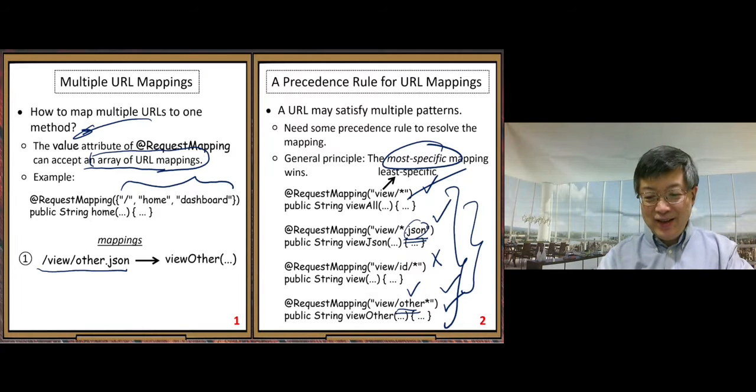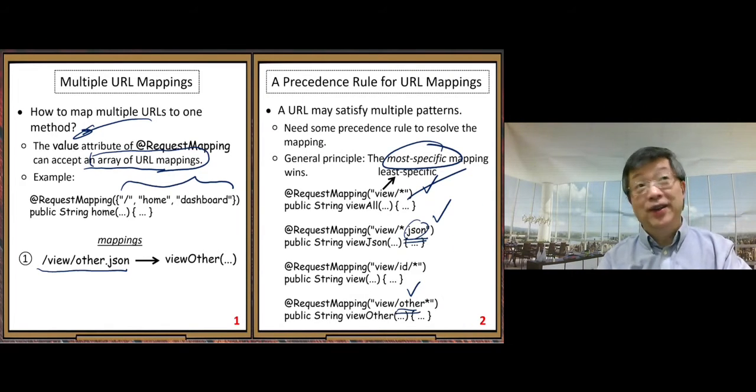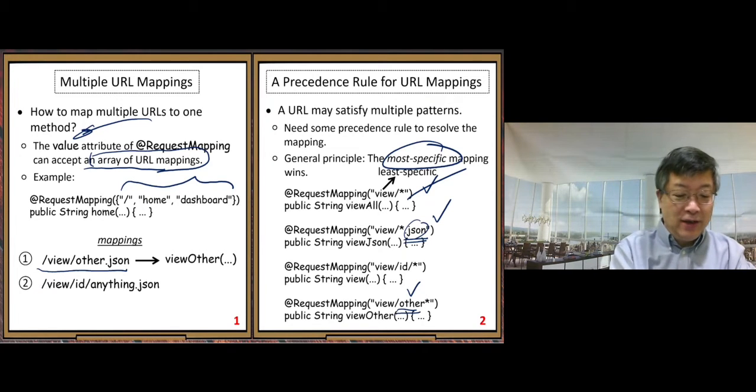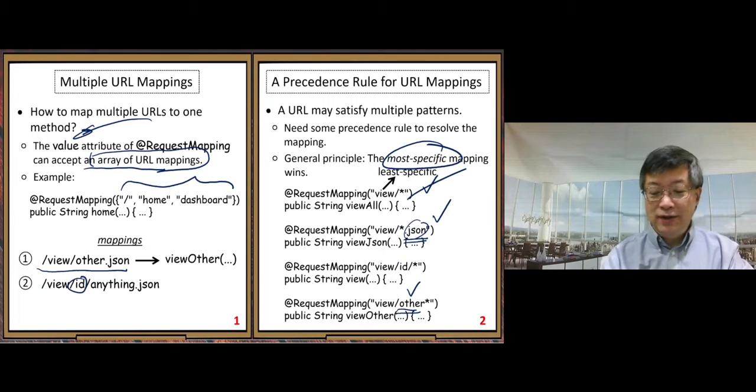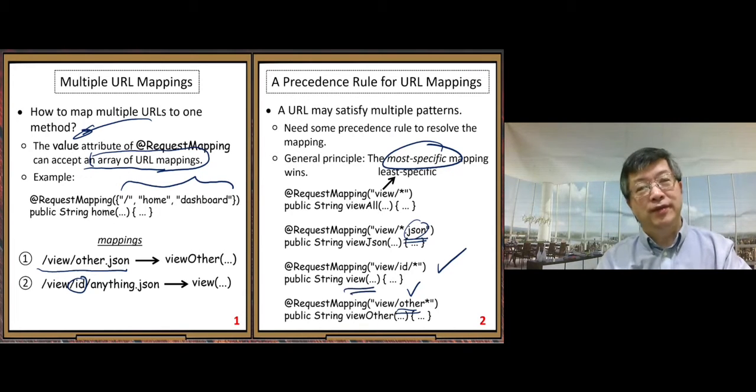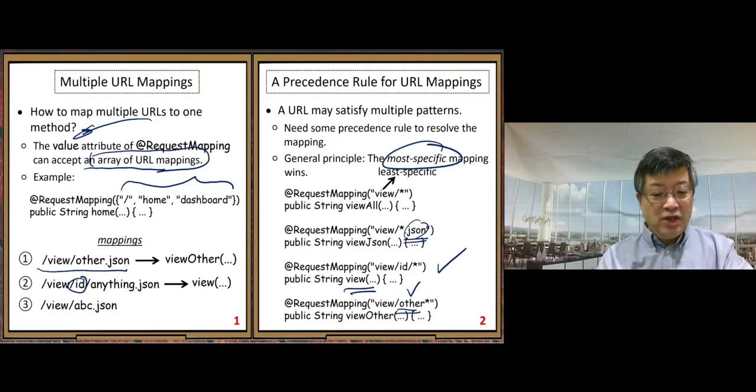Okay? So look at that. Do not get confused. All right. Number 2, ID. This time ID, only the first one and this one match, but the first one is least specific. So only this one is used. Because the method is here, it is called. Third example, abc.json.